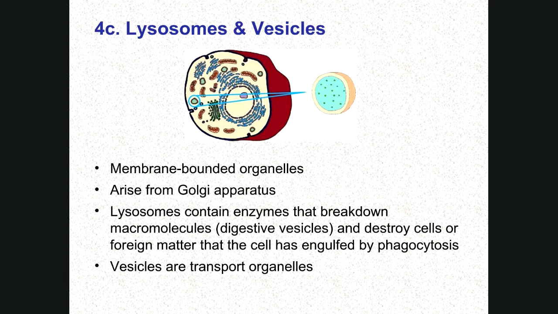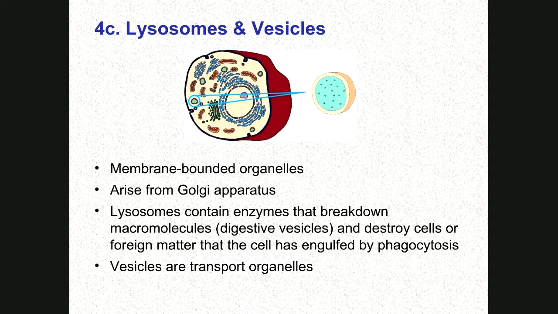And also, not only breaking down big molecules of food, but also destroying foreign cells that the cell by mistake has engulfed by phagocytosis. And sometimes they can also destroy some other organelles that are too much for the cell. If the cell is producing too much mitochondria, for example, the lysosome comes and says, okay, that's too much mitochondria, let me destroy you.